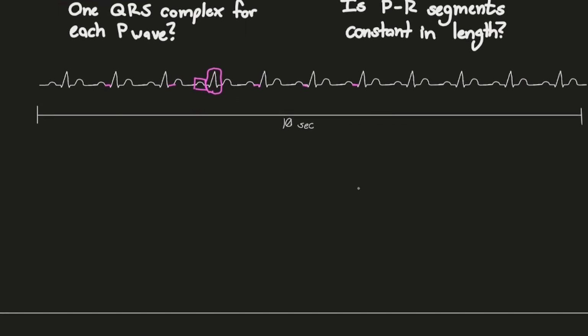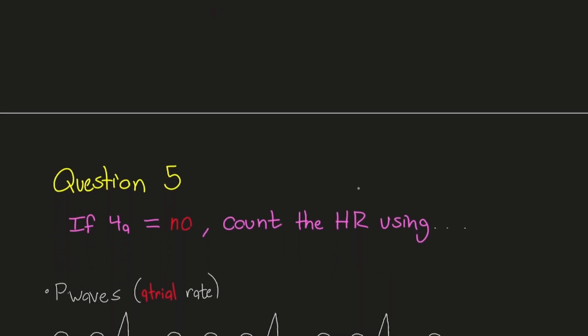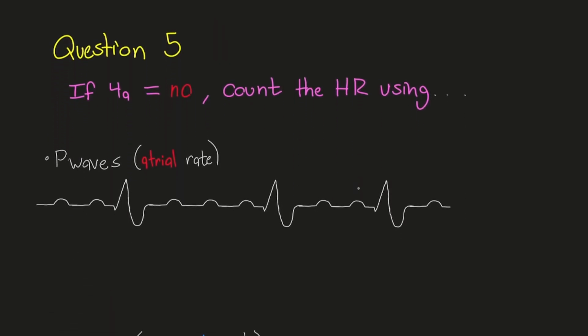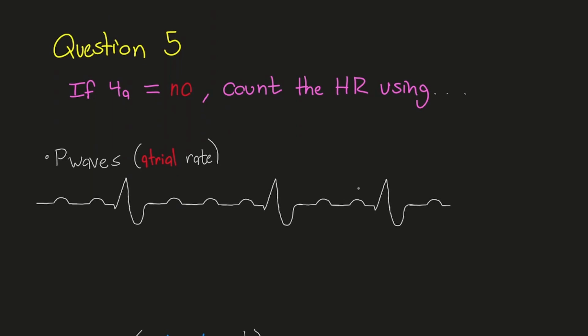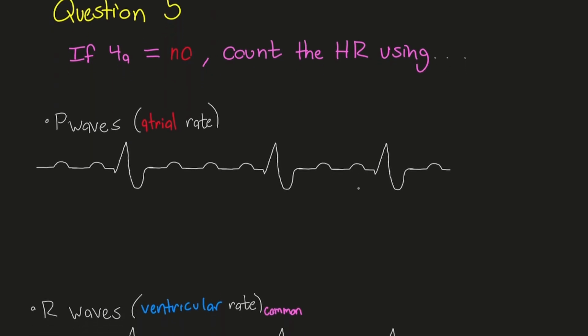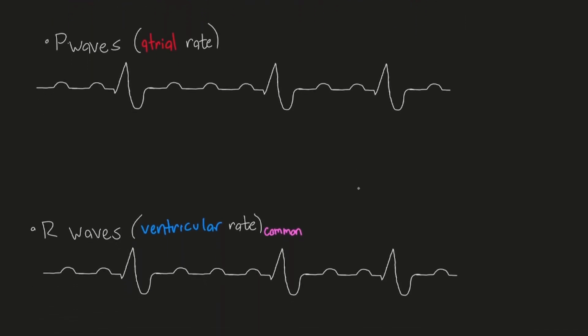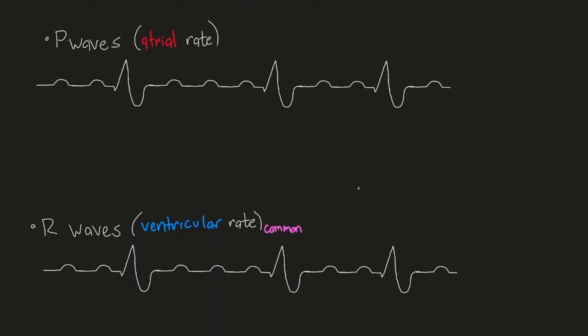And now into question 5, where question 5 is if you said no, there isn't one QRS complex for each P wave. So what happens here is we're going to want to investigate a bit more by finding two different types of heart rate, using the first one with our P waves and the second one with our R waves. Our P wave rate is called our atrial rate, and our R waves are our ventricular rate, or what we're usually referring to when we are saying what's the heart rate.